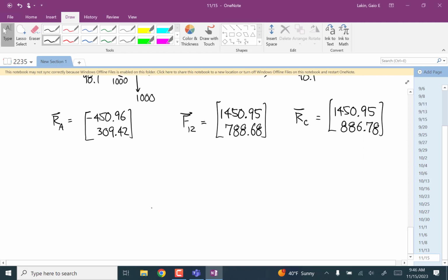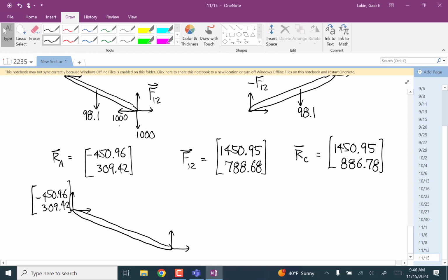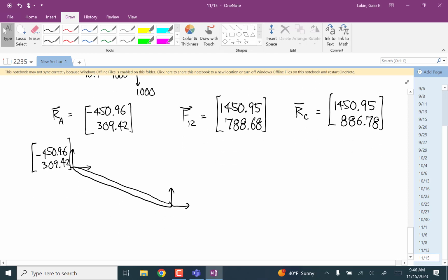When I put those back into the free body diagrams, we have a force up here of negative 450.96, positive 309.42. A force down here, now I'm adding up the F12 and these two 1,000 Newton forces: 450.95, negative 211.32.